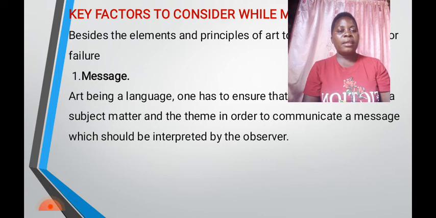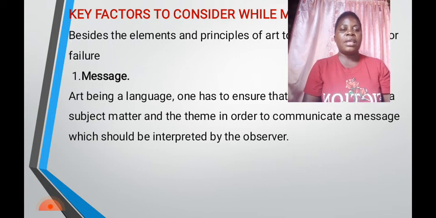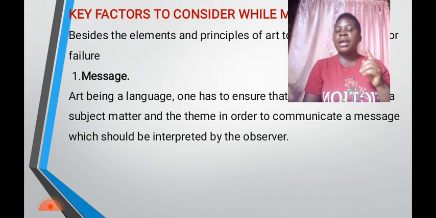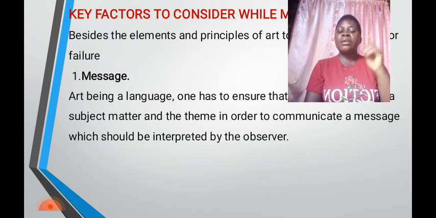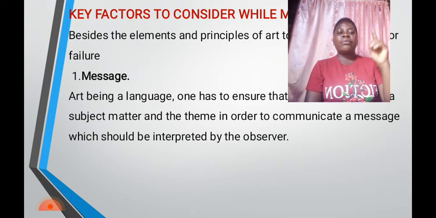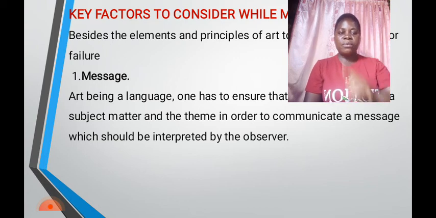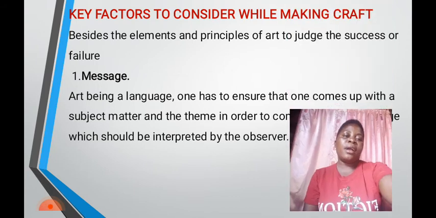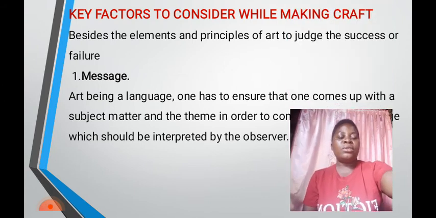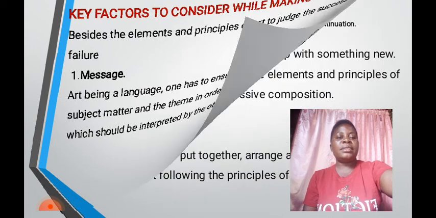It should communicate a message and should be interpreted by an observer. The moment an observer fails to get the message of your work, you will get nothing. When it comes to classwork, you will not get marks. Are we together? Let us continue with the next slide.